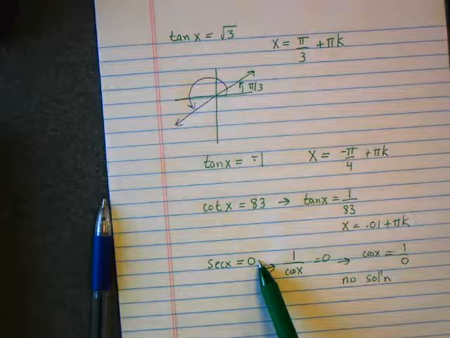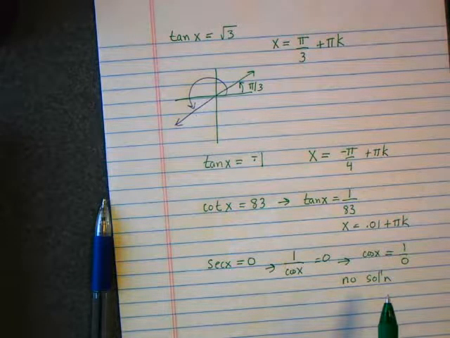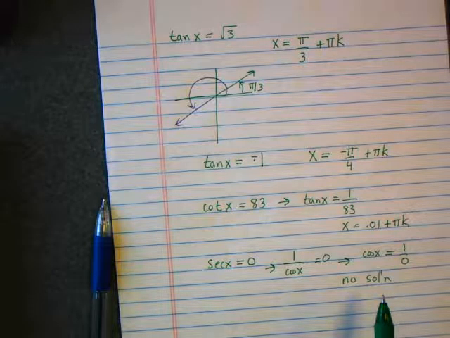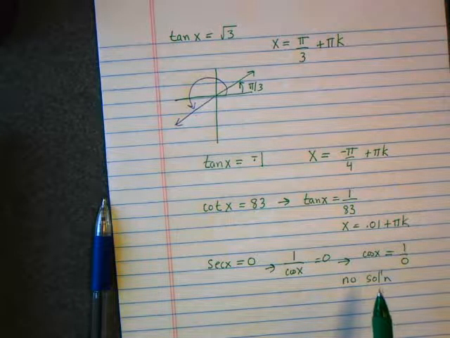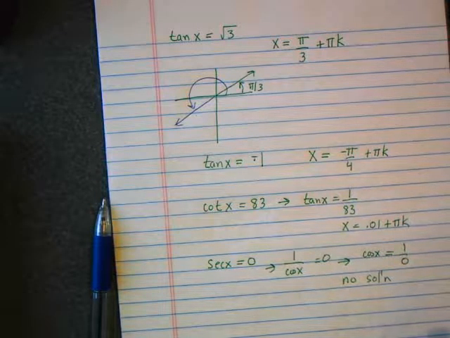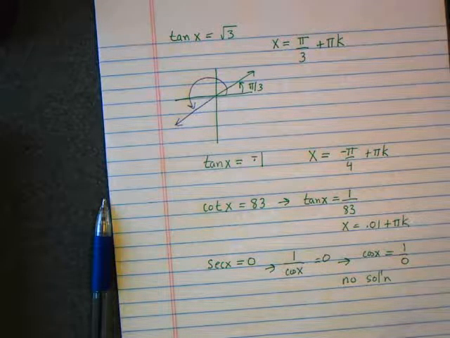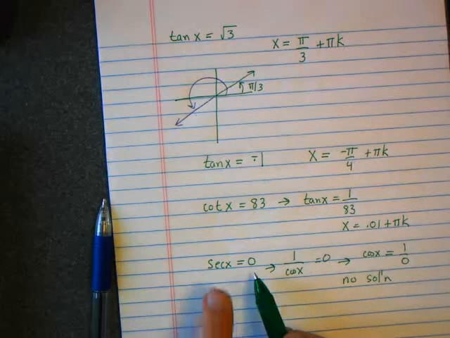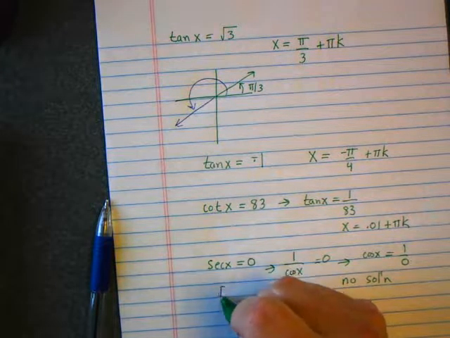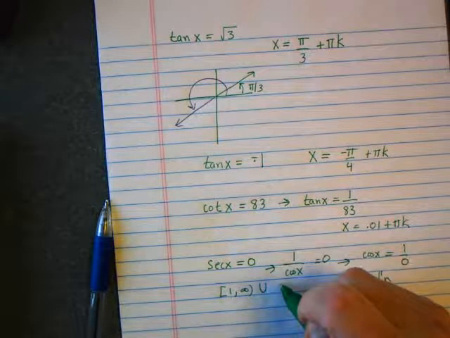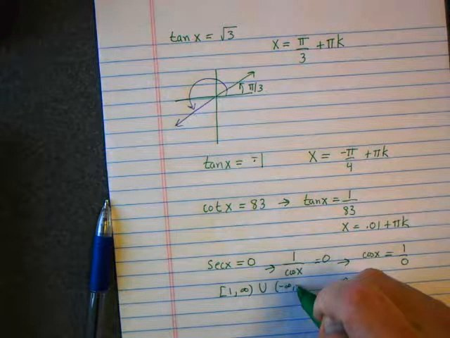So if you're going to write it over like bracket -1 to like 0.9, no, it actually goes all the way to 1, so it would be bracket -1, comma 1. But it's not including 0. Right, so the range for this would be all numbers bigger than 1 or all numbers smaller than -1.